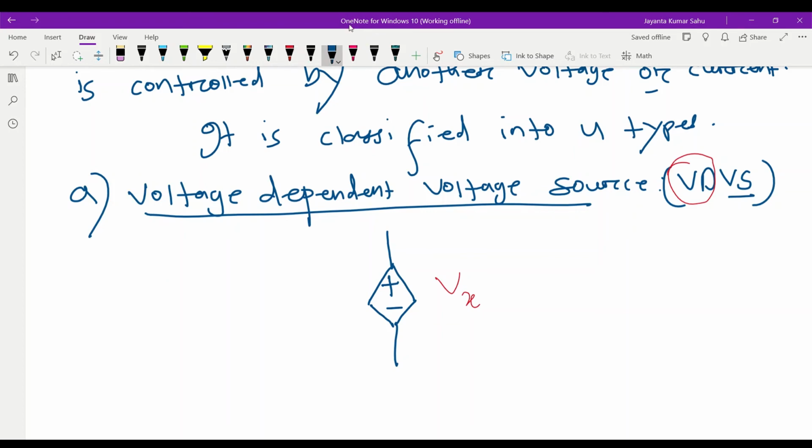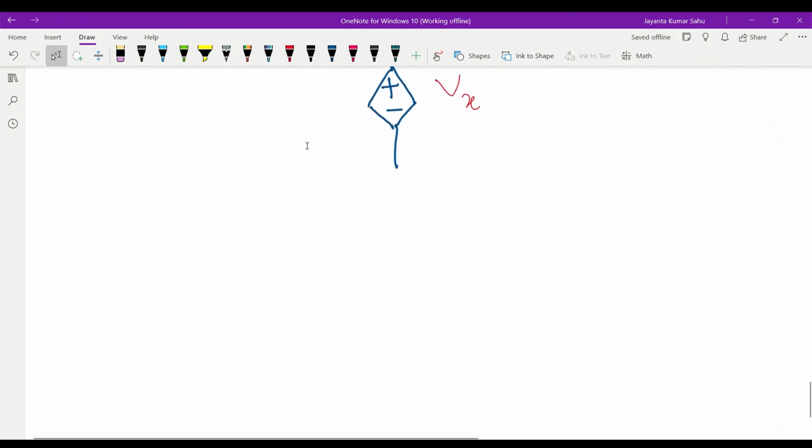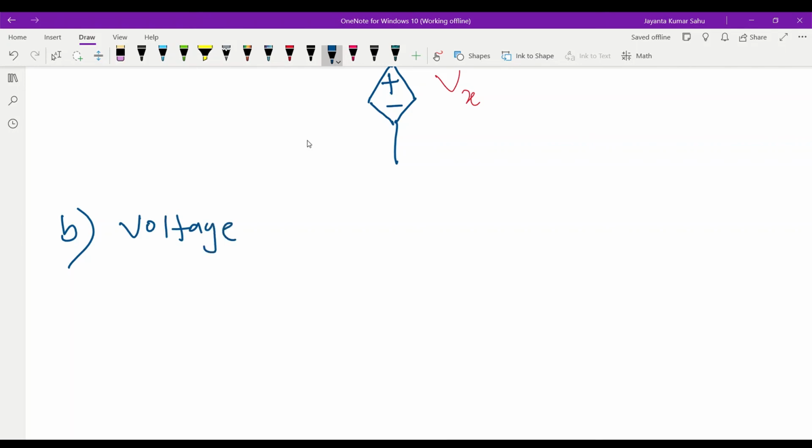Second one is voltage dependent current source.